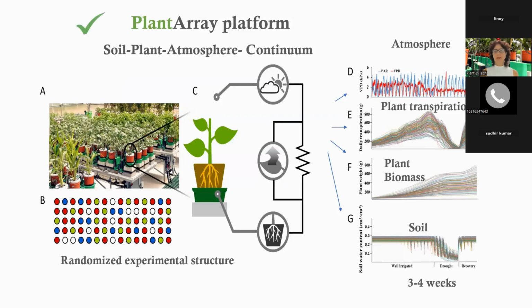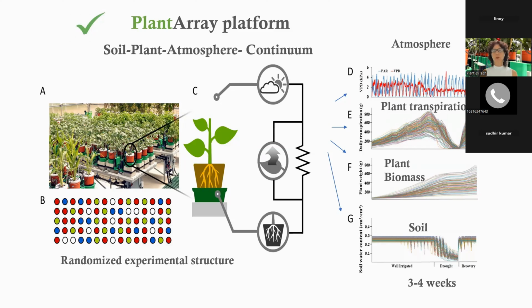So the PlantArray system takes all of this into account in terms of the soil plant atmosphere continuum. You can see here some example graphs coming from the system. What is also important to note is that the system not only measures the soil plant atmosphere continuum continuously over the day, but also in a randomized structure.